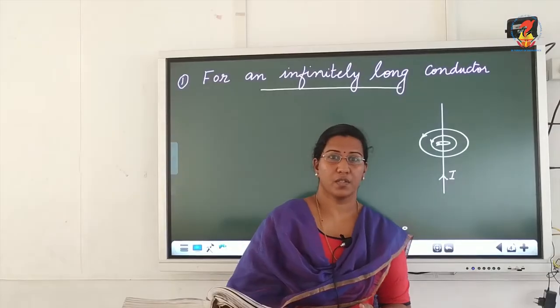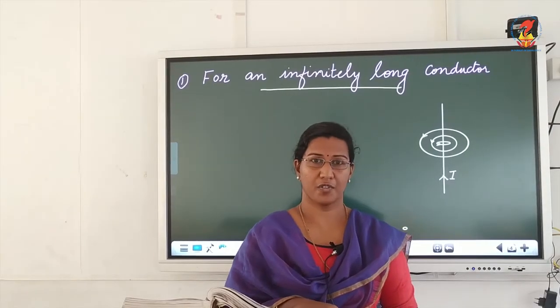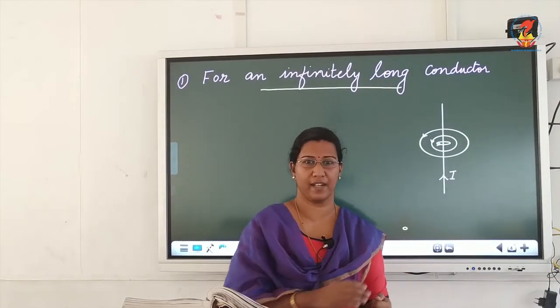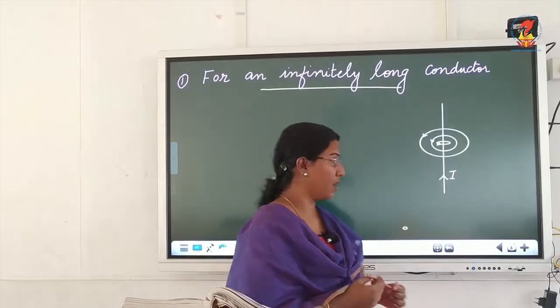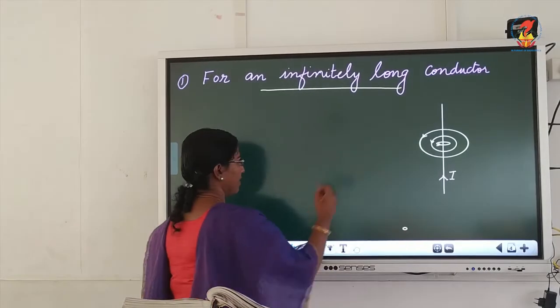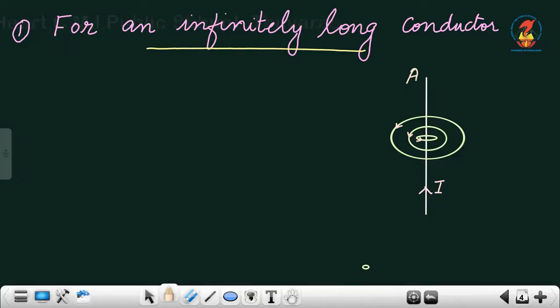Now we are going to use Ampere's Circuital law to find out the magnetic field produced by a current carrying conductor. So imagine you have a conductor, say A, B, and current is flowing in the upward direction from B to A through the conductor.